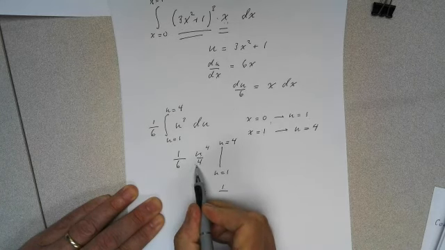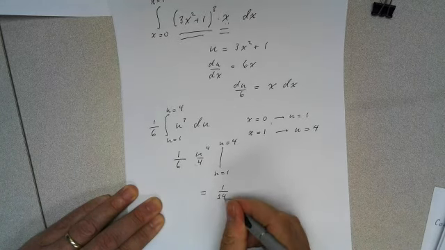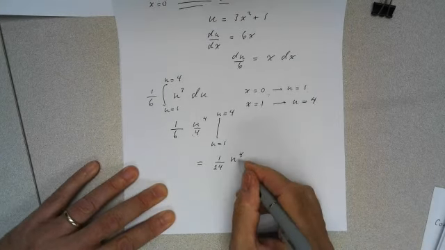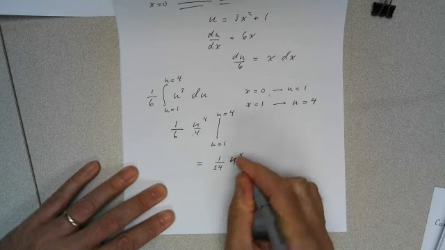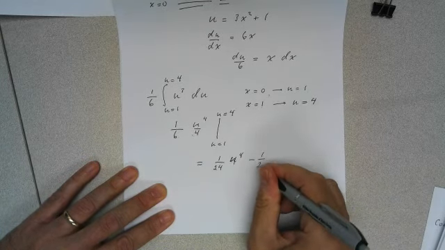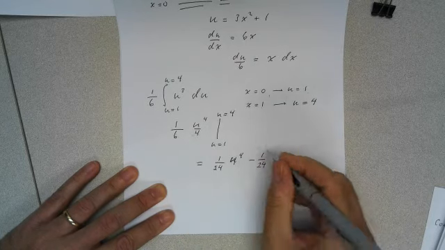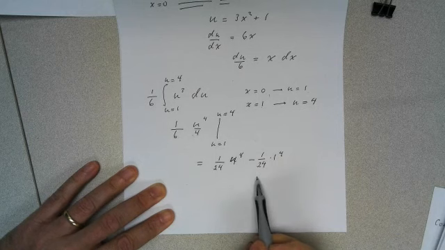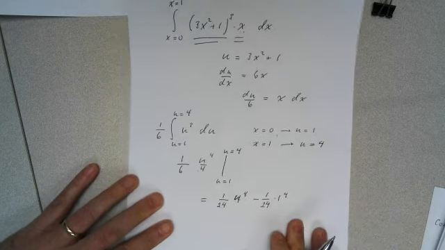This would be 1/24 of u to the fourth. I'm sorry, of 4 to the fourth if we plug in our upper endpoint, and we would subtract what we get when we plug in 1. 1 to the fourth. And we can simplify this using a calculator or just basic arithmetic.